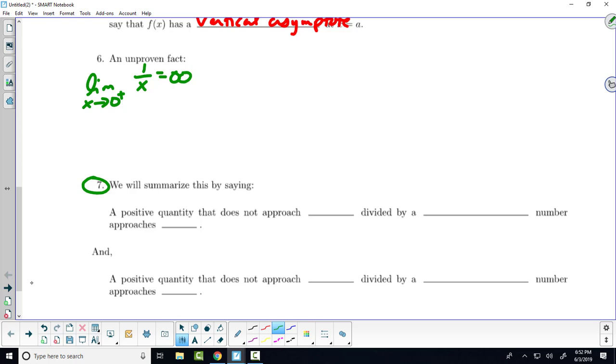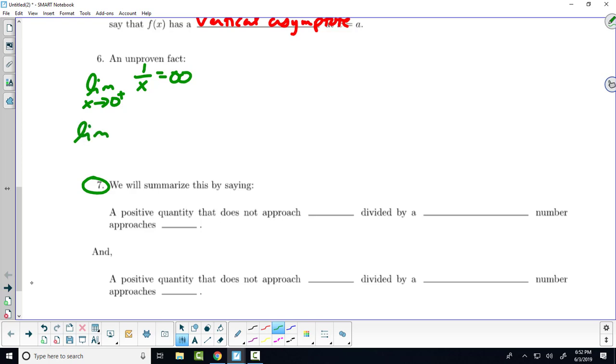We get sloppy as we talk about it. We say the limit is infinity, but what we really mean is the range values are getting large. The domain value that we're approaching is 0, and the range values are getting arbitrarily large.